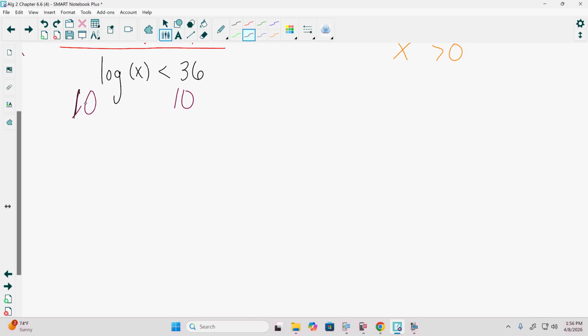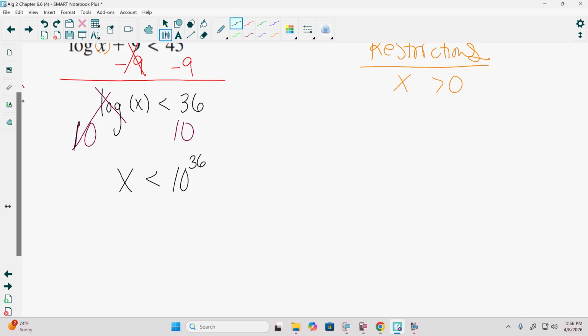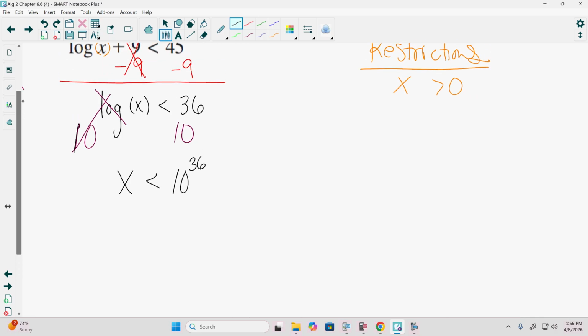Because our 10 to the log base 10 of x would simplify, leaving us with x is less than 10 to the 36. Is that a nice number? No, that's way too big. So we'll leave it as 10 to the 36 power.